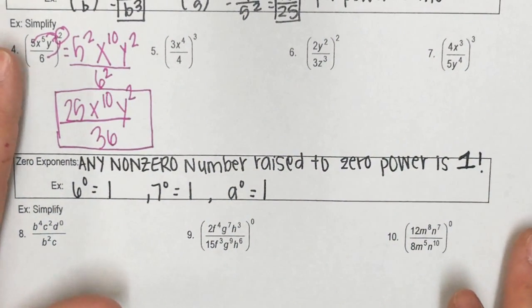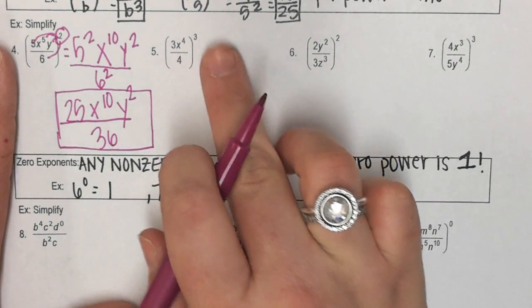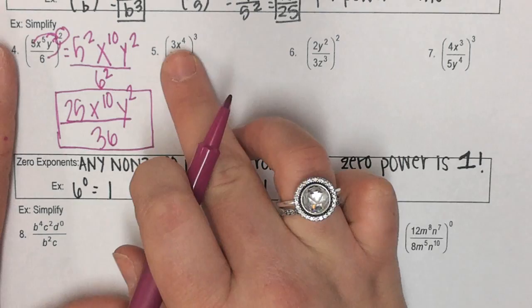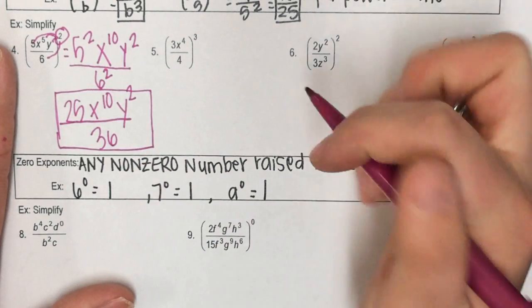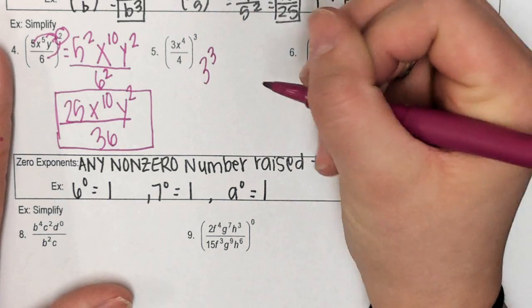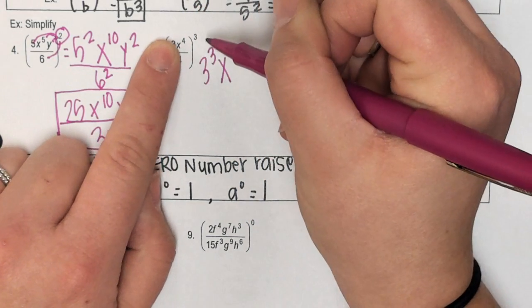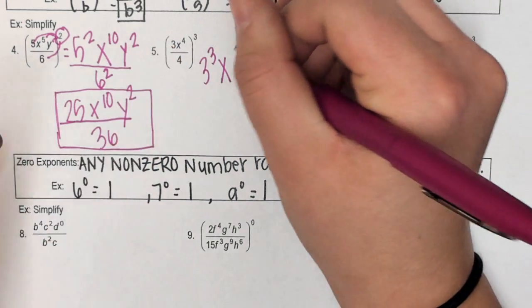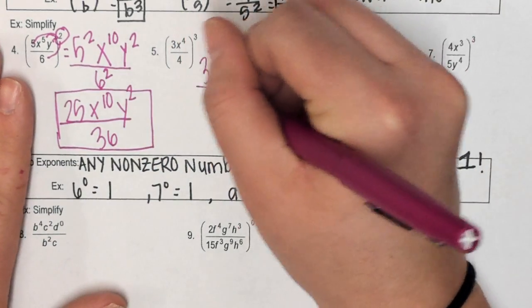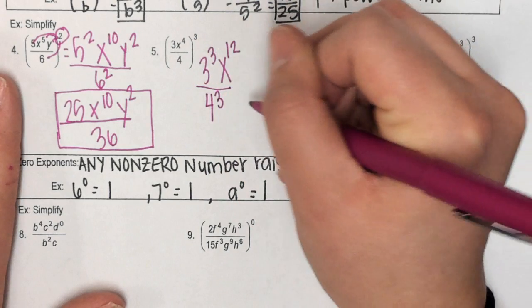All right, number 5. You need to cube everything in those parentheses, everything in there. So I'm going to cube 3. 3 cubed. X to the 4th to the 3rd is x to the 12th. I need to cube 4 as well, so this becomes 4 to the 3rd.